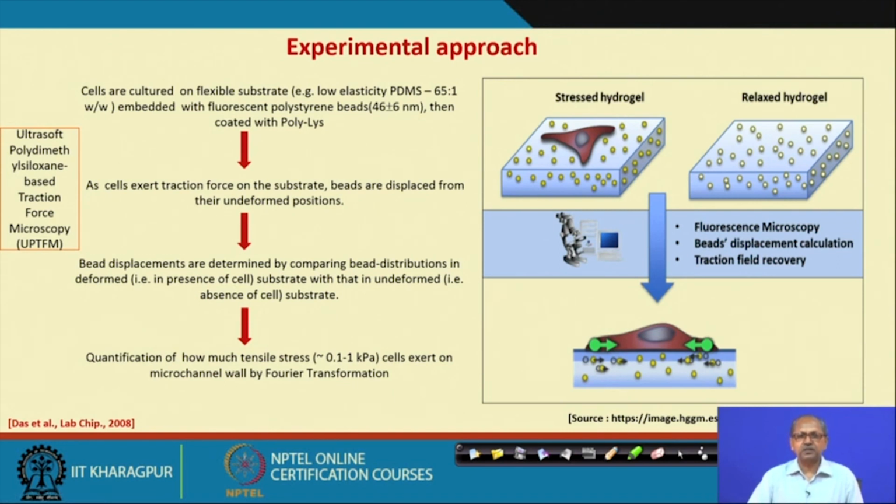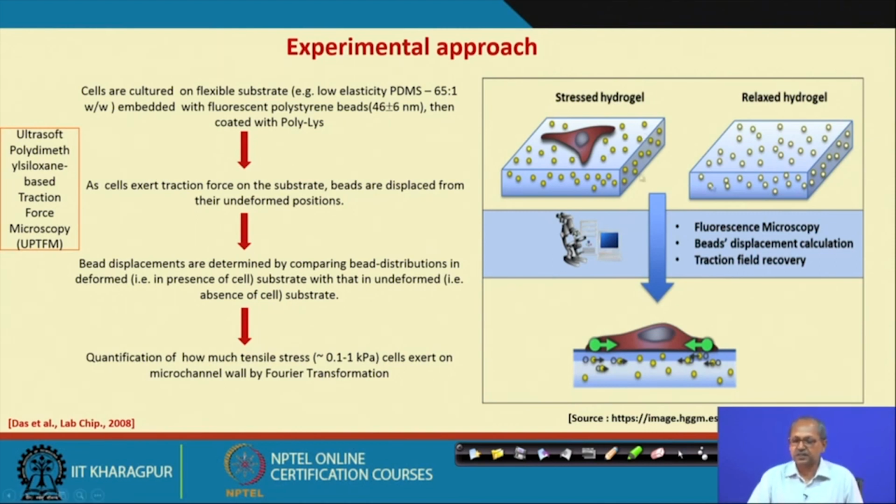This is a hydrophobic layer. So, to make it hydrophilic for cell attachment, the PDMS layer is treated with polylysine. Then we attach the cells, and the cells exert force.